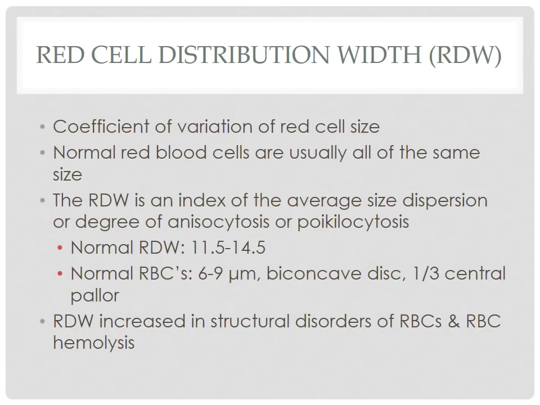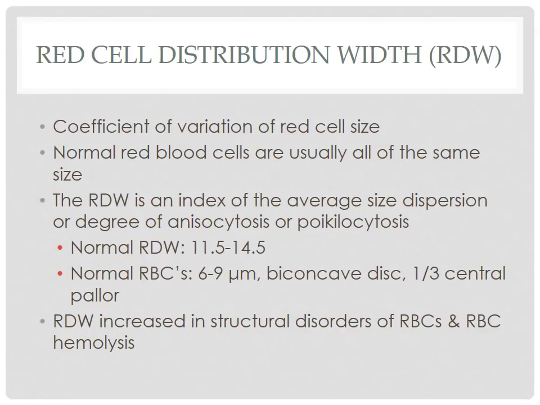The last value we'll look at for red cells is the red cell distribution width, or the RDW. The RDW looks at any variation in the red cells as far as size and shape. Typically, if you have a patient who's non-anemic and is not having cell breakdown or hemolysis of their red cells, all of their red cells should be the same size.